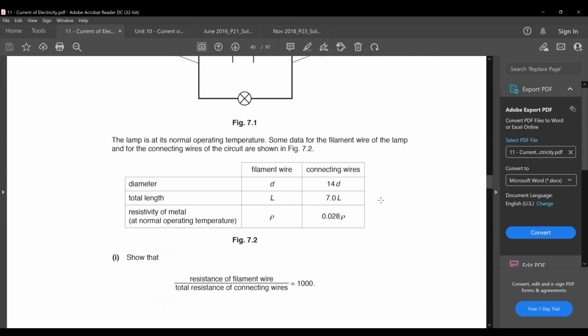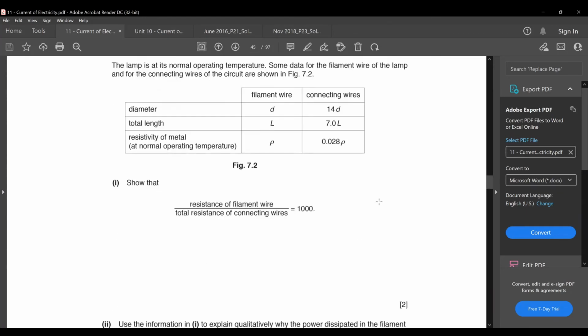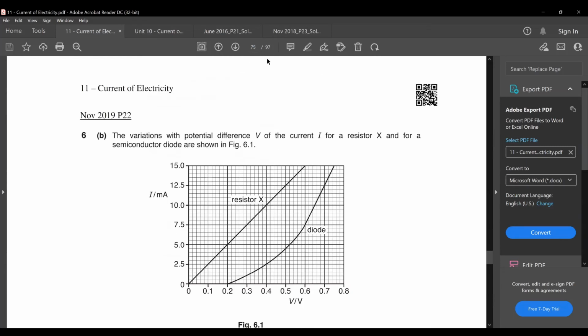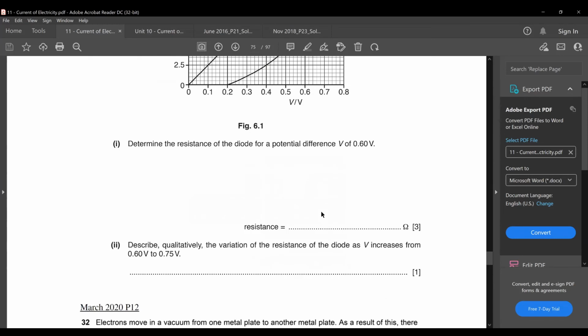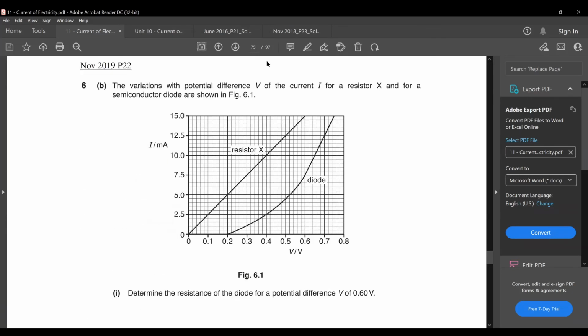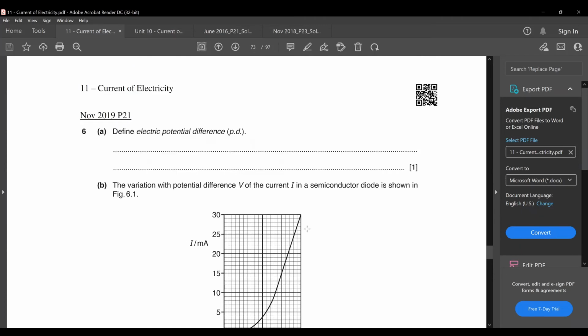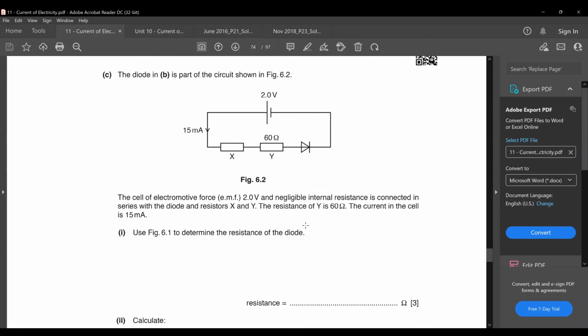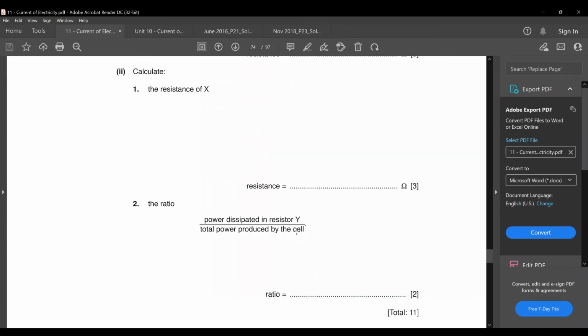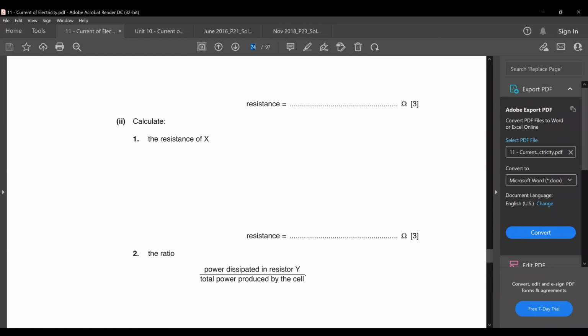Maybe we do 45, or not. Okay, 75, 73. Wait, now just let me have a look at some of the questions.